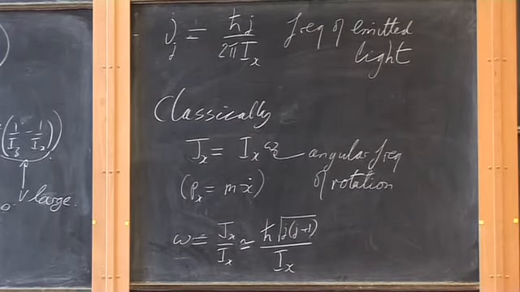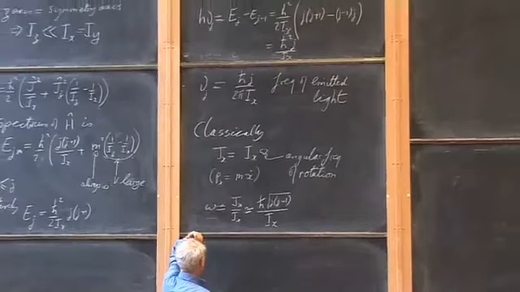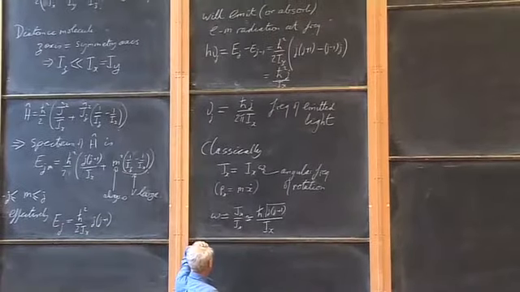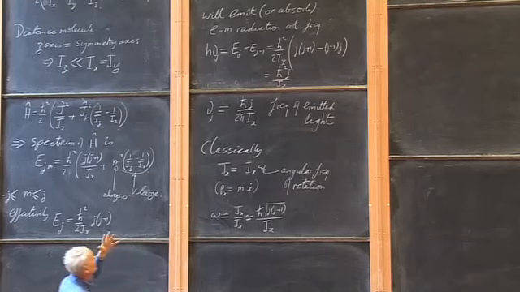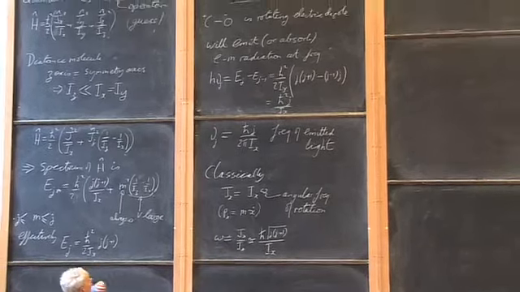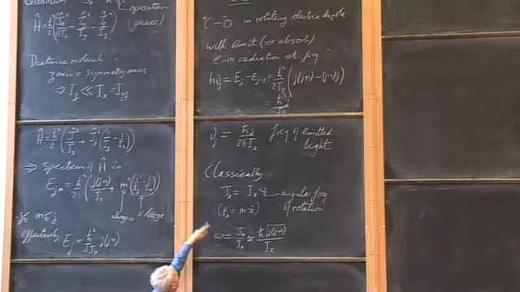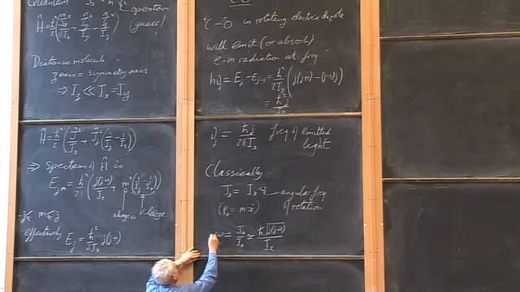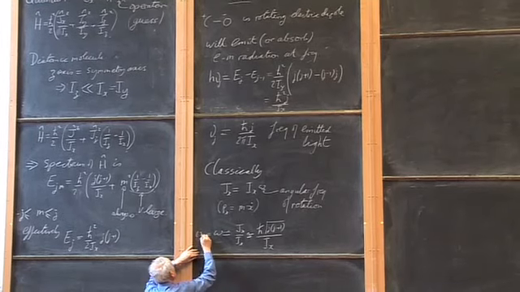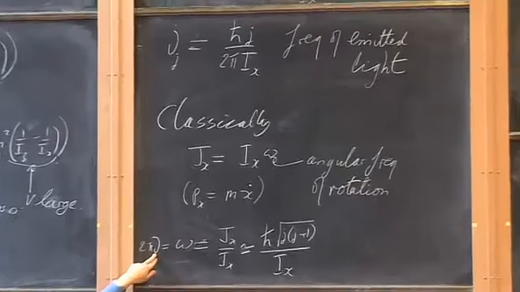And we want to relate this to the frequency we had up there, a factor of 2 pi. Oh, it's because, sorry, this is the angular frequency, that's the actual frequency. So omega is equal to 2 pi times the frequency of rotation.